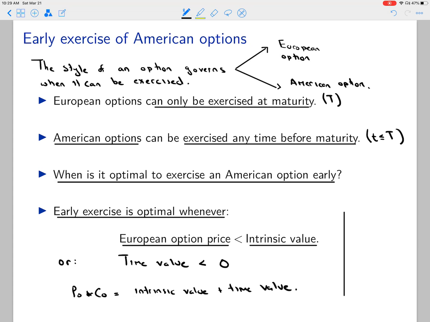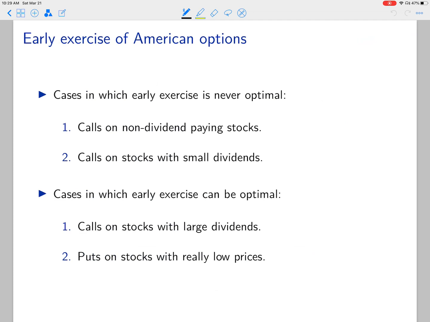Let's try and think of some specific examples. It turns out that for some options, early exercise is actually never going to be optimal. These are going to include two main types. First is call options on non-dividend paying stocks and calls on stocks with small dividends.